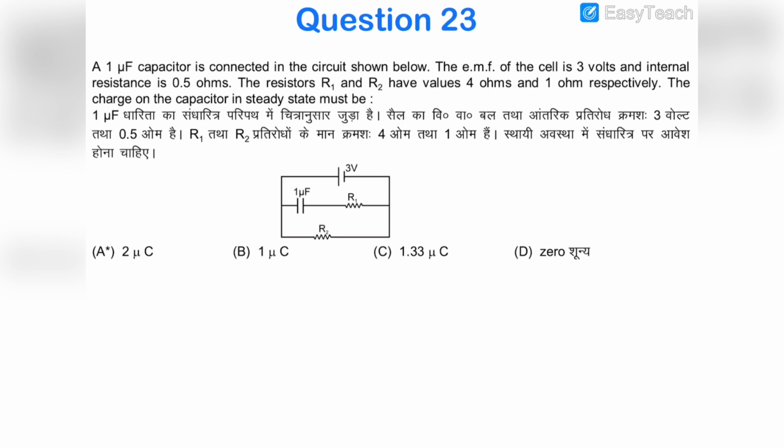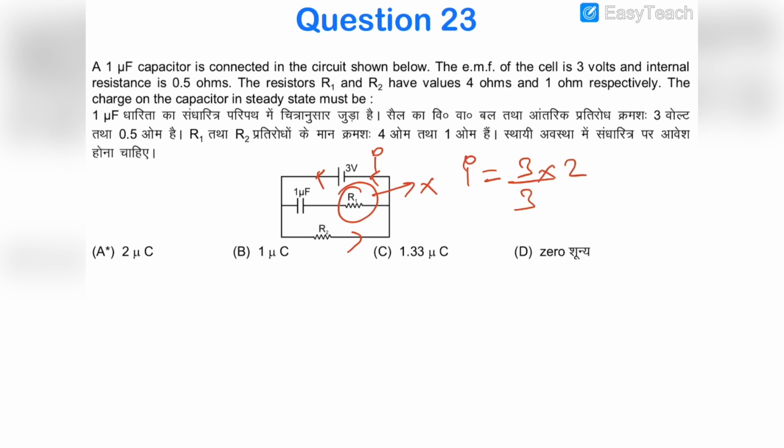Now obviously we know that in a steady state there is no current flowing through this resistance, therefore we can remove this resistance and current would be flowing like that. So I will be equal to V by R. Now R is 1 and 0.5, so this is 3 by 2.